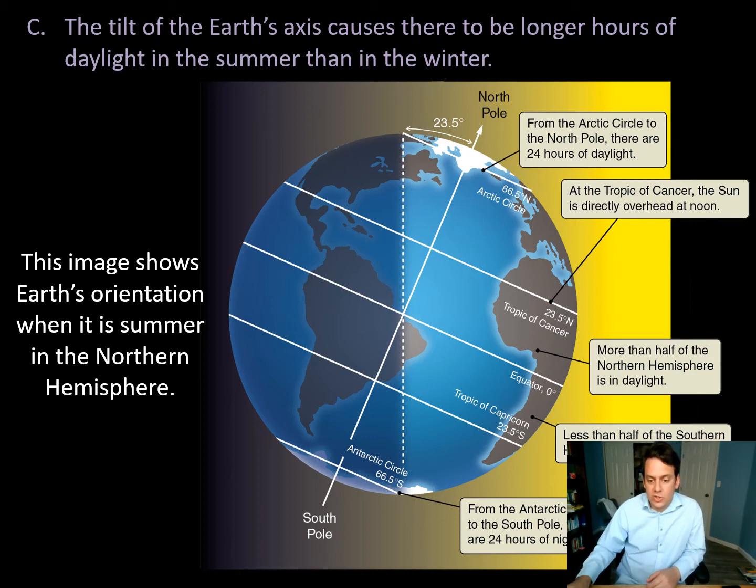So if you're interested in a few specific points, one interesting note that you may already know is that from the Arctic Circle to the North Pole during the summer, there are 24 hours of daylight. And so this defines the Arctic Circle.